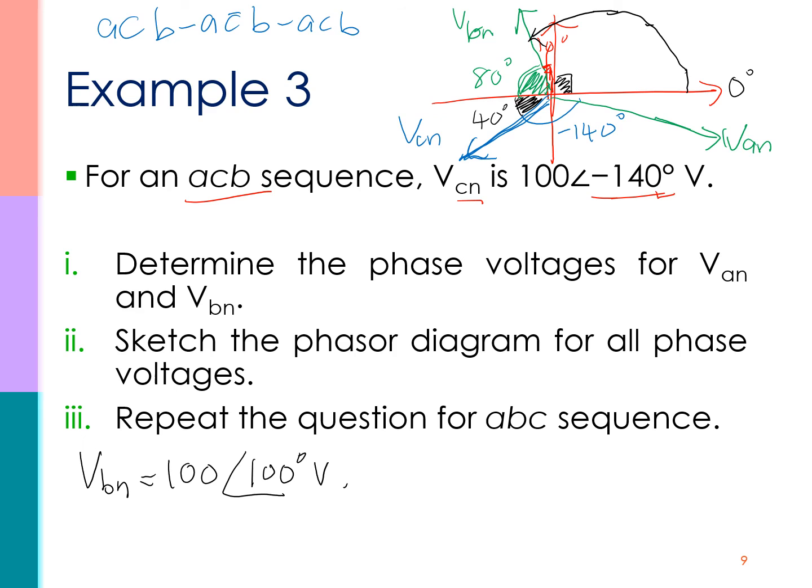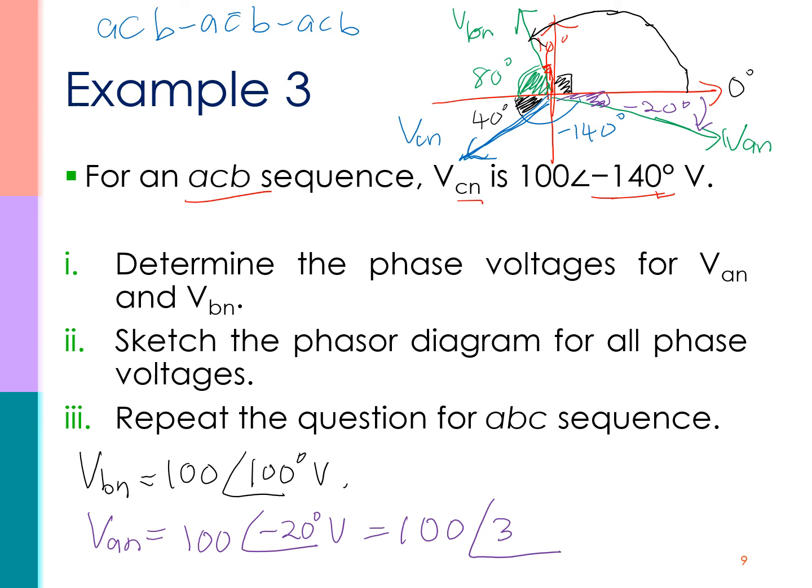As you add this angle of 20 degree, this one is minus 20 degree. So from reference 0, the angle for VAN equals 100 with minus 20 degree volt, or you can use a positive angle, which is 340 degree. Okay, this one is for the ACB sequence.